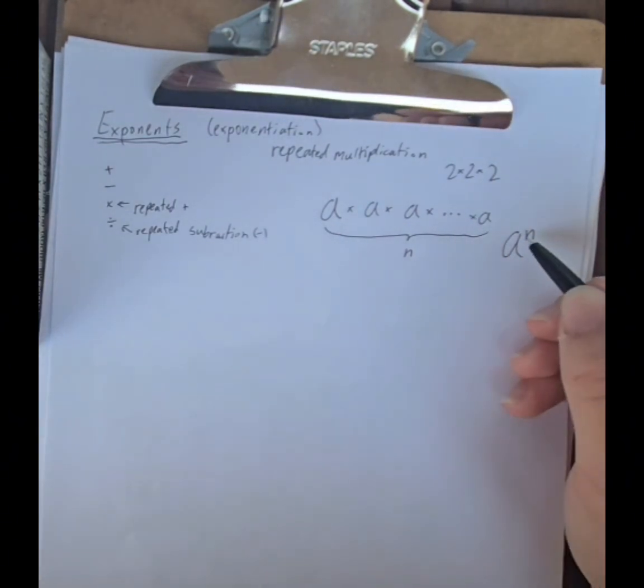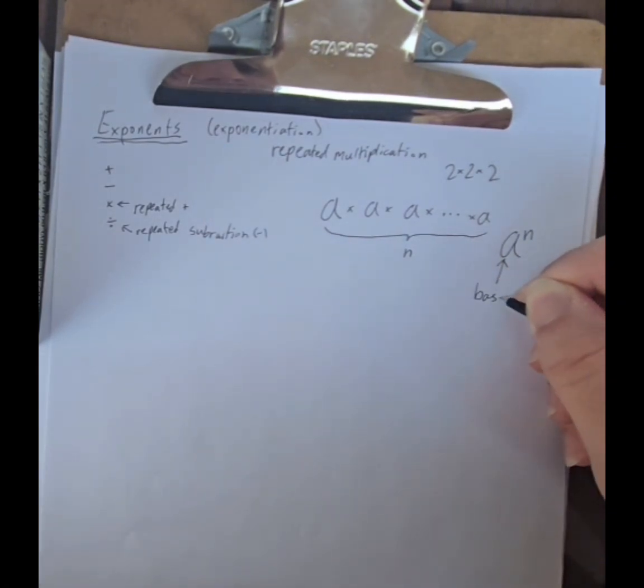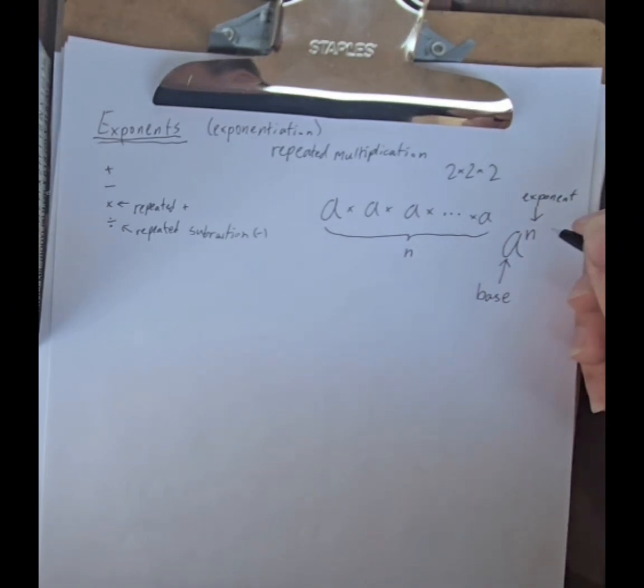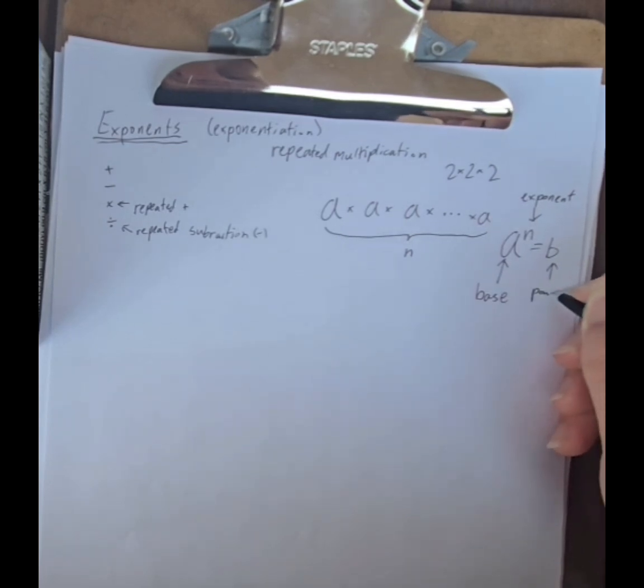So let's also do some terminology here. A here is the base, and n is the exponent. The number of times you're multiplying a by itself is the exponent, and a itself is the base. And then let's say this equals something b. B is the power.